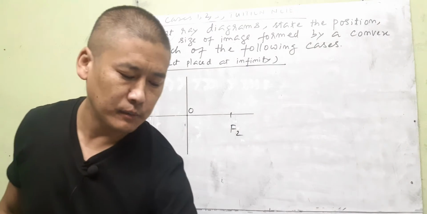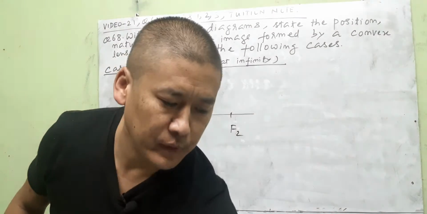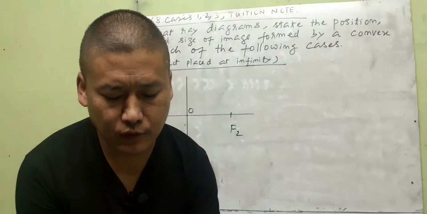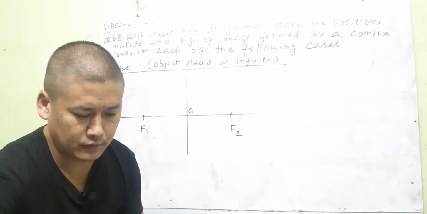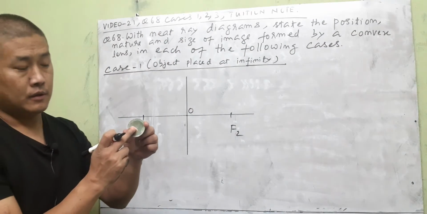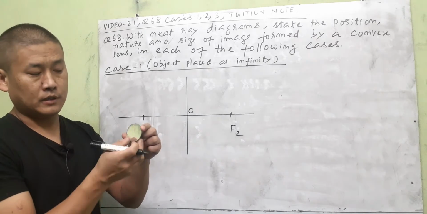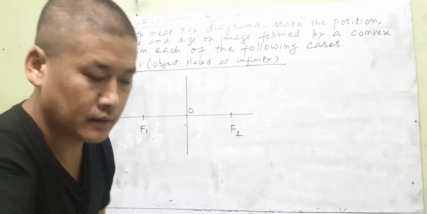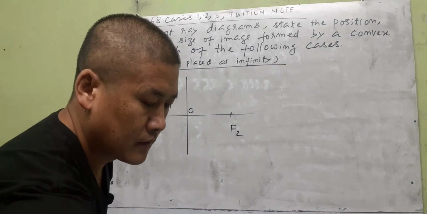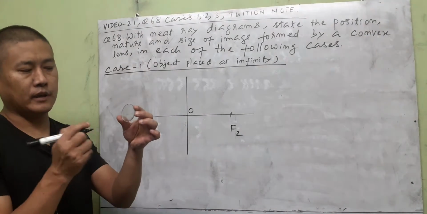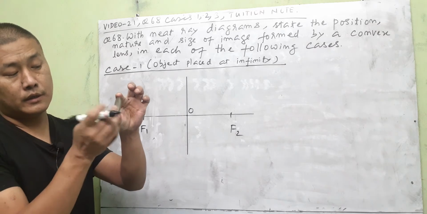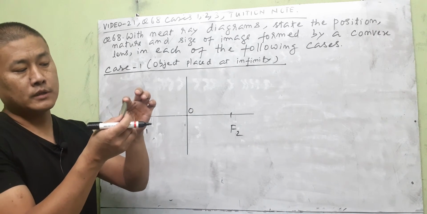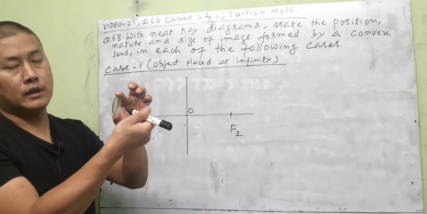Now I want to explain something here. In the case of a mirror, we know that a mirror can reflect only from one side, so it has only one focus because it cannot reflect from both sides. But a lens is not like that. In the lens, both sides can refract light. You pass a light ray on this side, it can refract. If you pass a light ray on the other side also, it can refract.